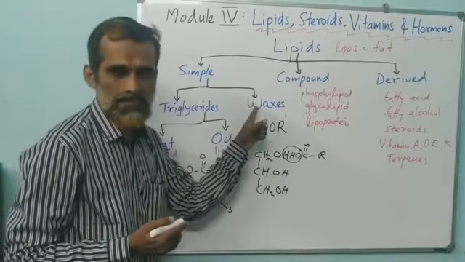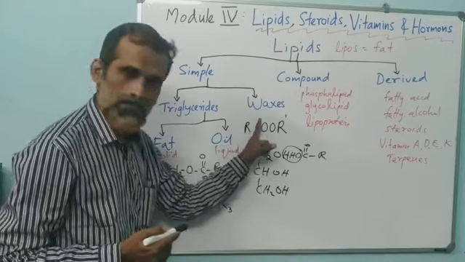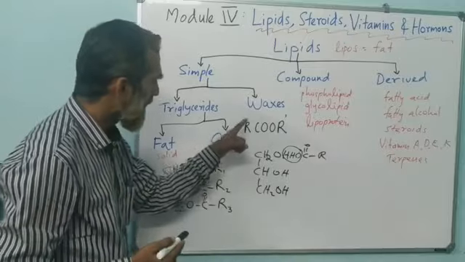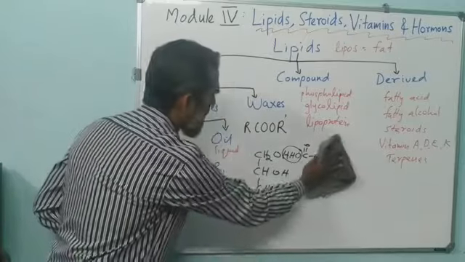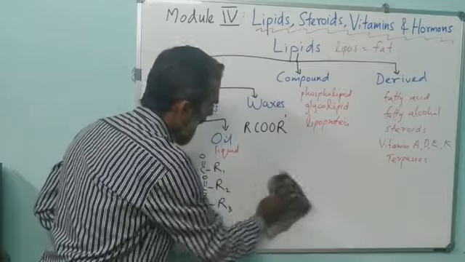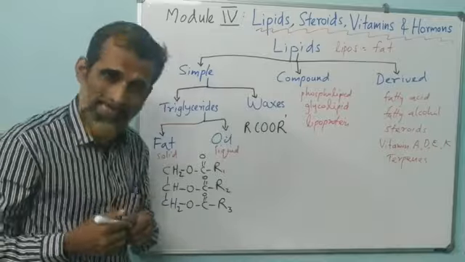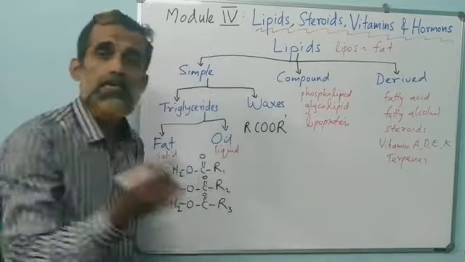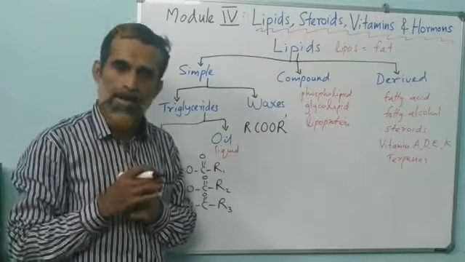Whereas in wax, this is the general formula for wax. This is the general formula for triglycerides. Here RCOOR dash, where this R is a long carbon chain fatty carboxylic acid or fatty acid, and R dash is also a fatty alcohol, a long chain alcohol.